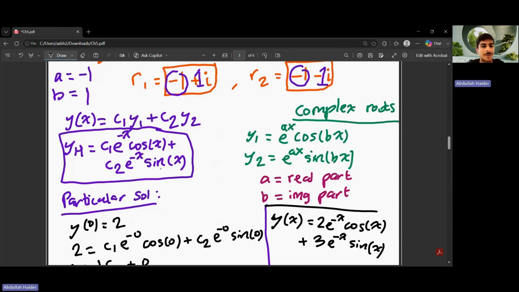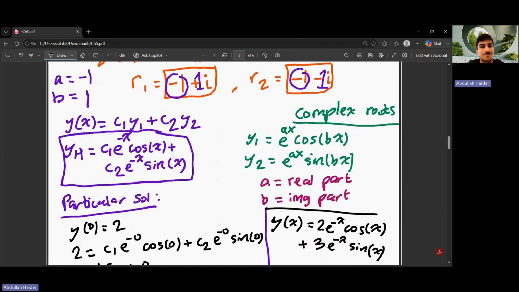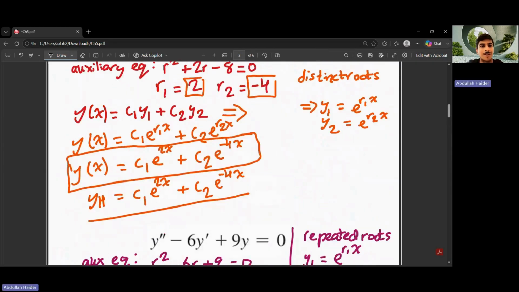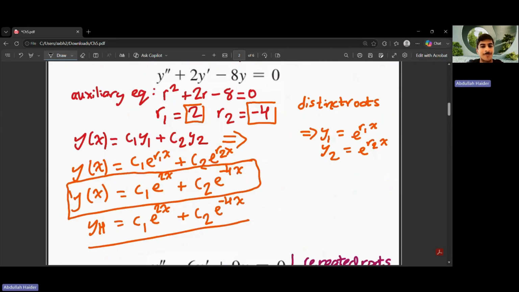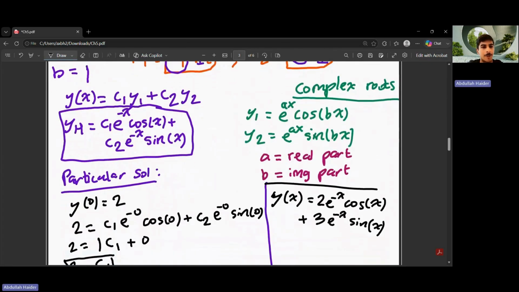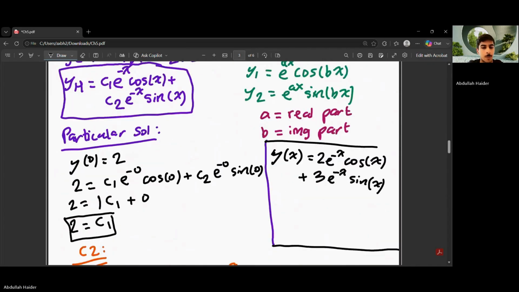So you always have the cosine and sine there. There's not much difference between this and this. The only difference is that in complex roots, you have a sine here and a cosine here. That's it. You will always have a cosine and sine in the homogeneous equation.